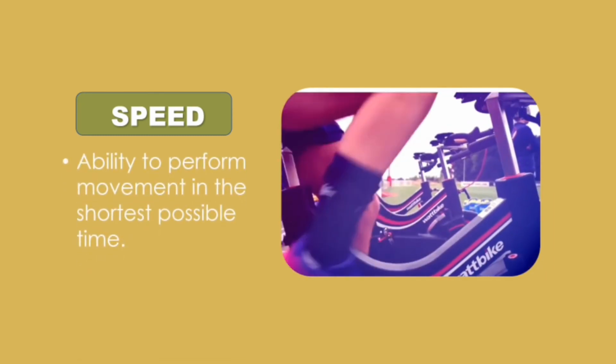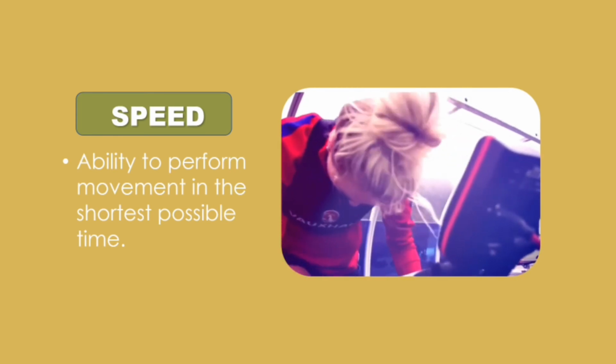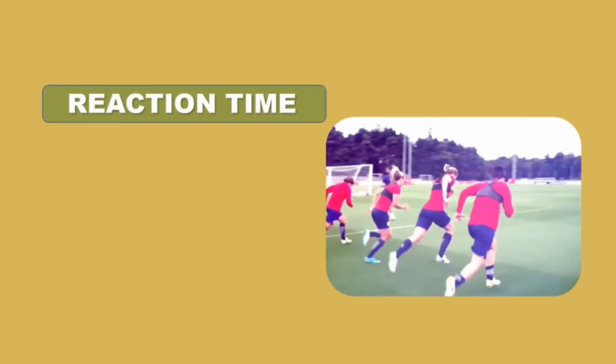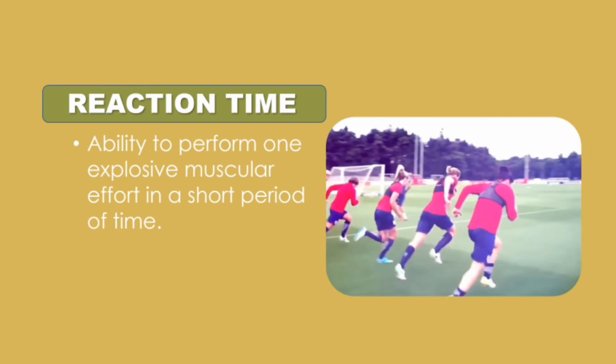Speed. Speed is exactly what you think it is. It's how fast you can move or perform a movement in the shortest possible time. And last but not the least is what we call reaction time. Reaction time is the ability to respond to an external stimulus.